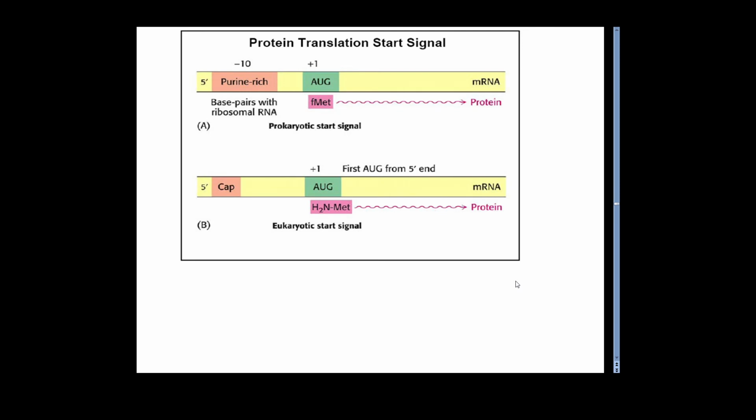Next important variant: every time translation begins from the codon AUG. It is the methionine codon, and it is the so-called start signal for synthesis.